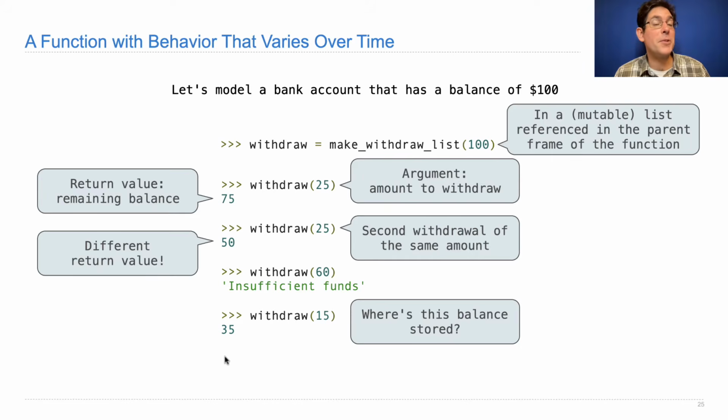So what you're supposed to appreciate from this example is that we have created a function that bundles together some behavior and some data, but unlike previous examples, the data is changing every time I call withdraw. And that's just a natural consequence of having mutable values in my programming language, is that I can have behavior change over time as well.